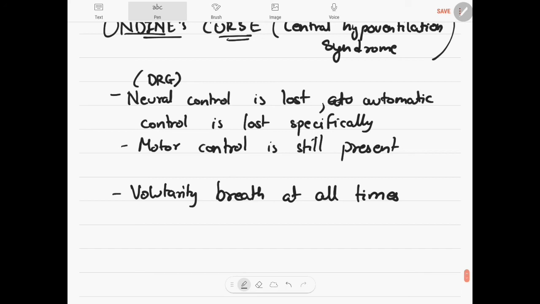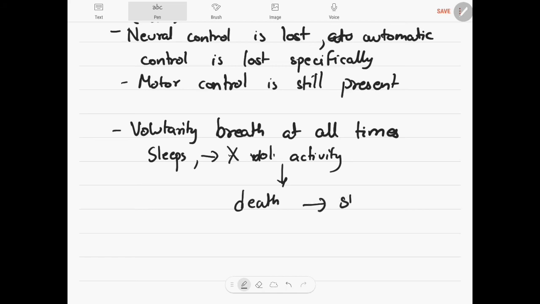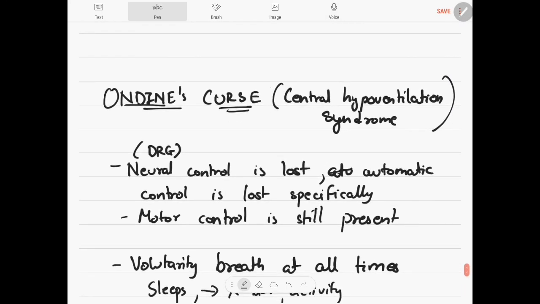If the person sleeps, since there is no voluntary activity, he'll die of sleep apnea, no breathing during sleep. So this was Ondine's curse. There is a backstory in some mythology, which was interesting. More importantly, Ondine's curse is known as central hypoventilation syndrome.